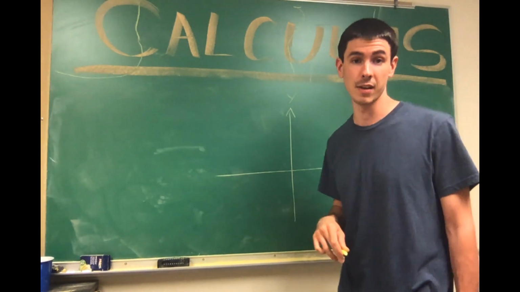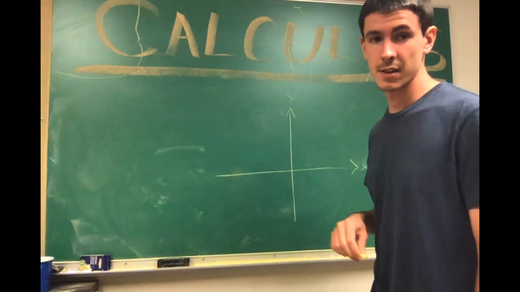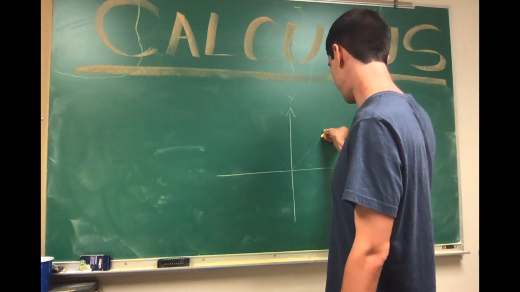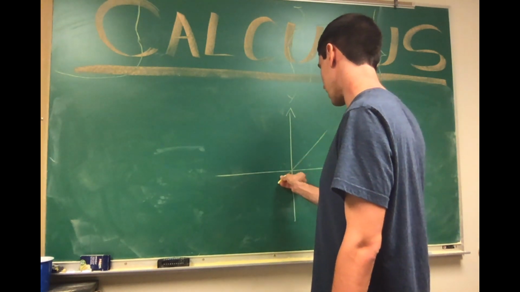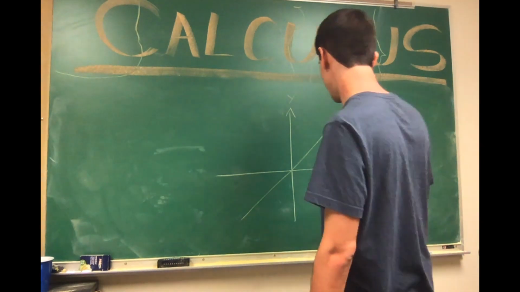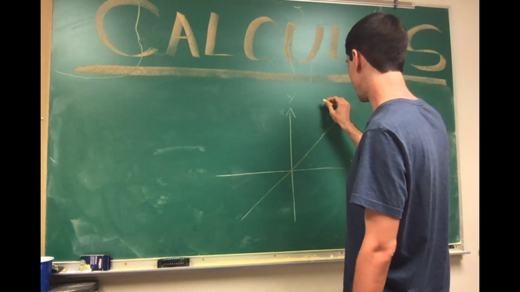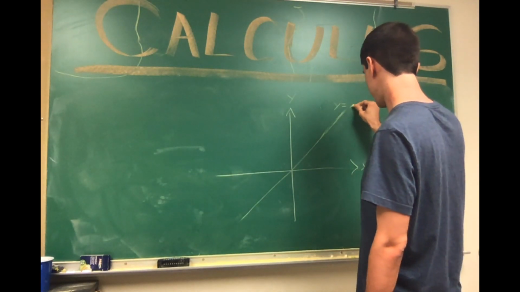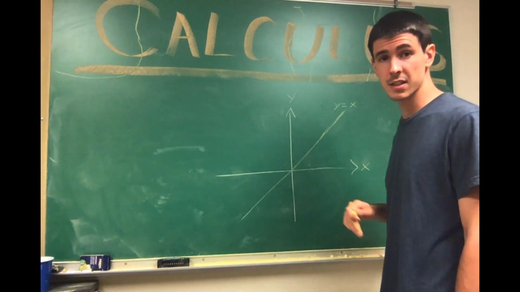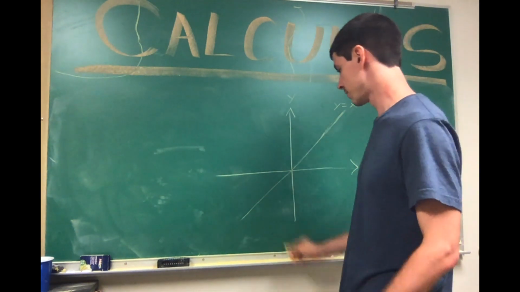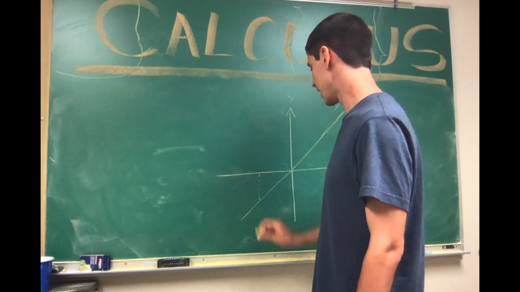We've been talking about area under the curve, but what about when the curve goes under the x-axis? This is easily seen in this most simple case of y equals x. And remember I said that we could start our horizontal line anywhere we wanted to. So let's say start it right here. Well, what does that mean?